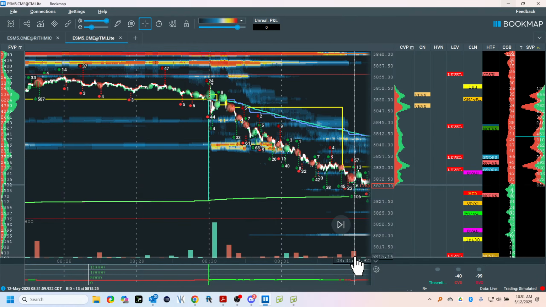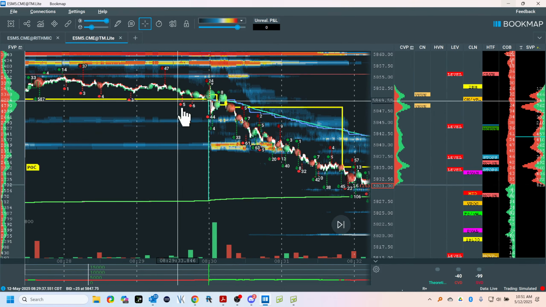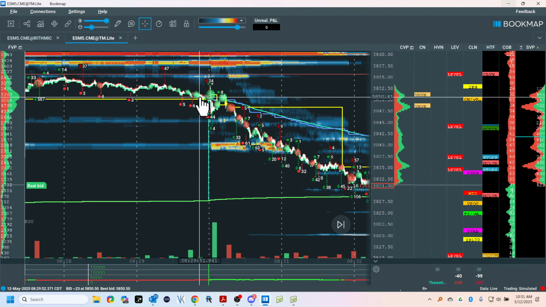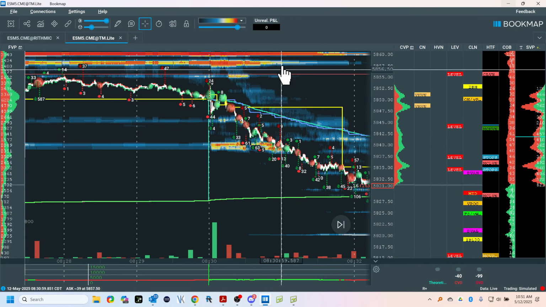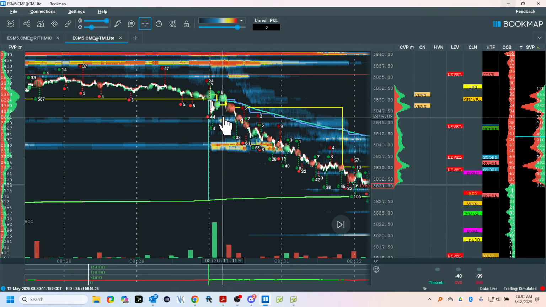We have a whole bunch of statistics available in TraderLab. It's over 90% probability we take out either ETH high or low, past performance not indicative of future results. Also over 90% probability we take out the first hour's high or low, and about an 80% probability-ish to get to that. If I get to that and I don't keep going to the ETH high, then where am I looking for? 15. So I was trading towards 15.